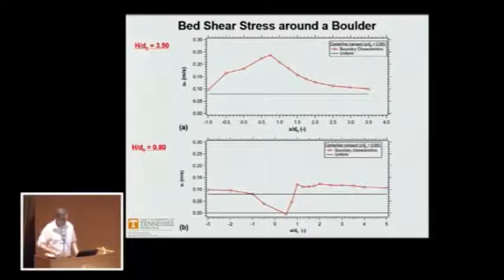And so you see clearly here, 0 is the front of the boulder, 1 is essentially the end of the boulder, and 0.5 is at the crest of the boulder. And what you can see here is definitely a significant, about 5 times at least, increase of the friction velocity right there at the boulder.